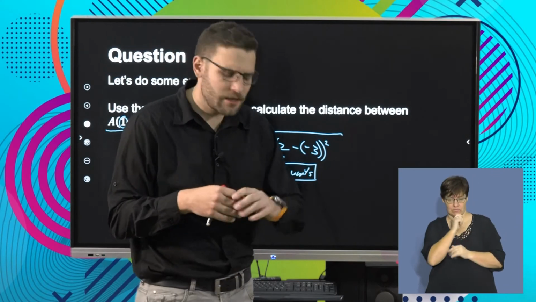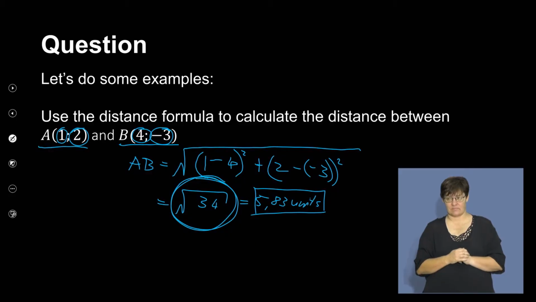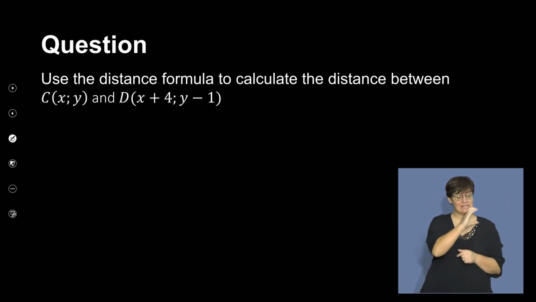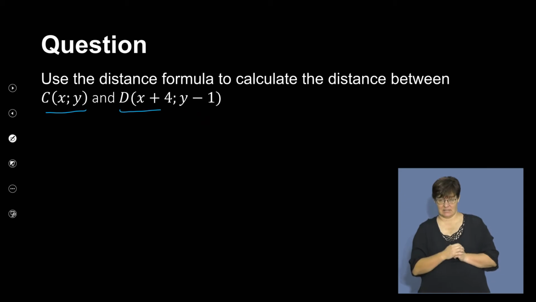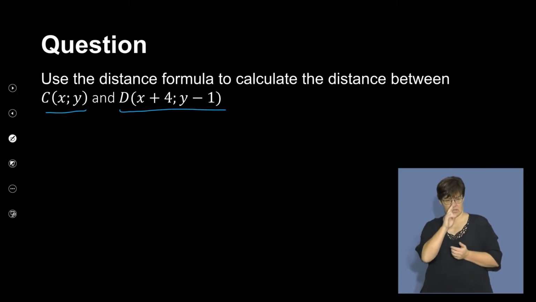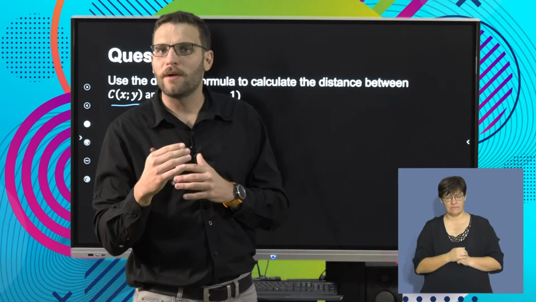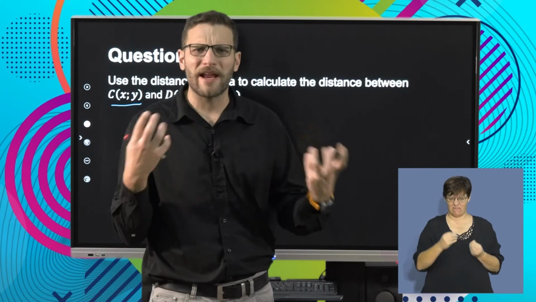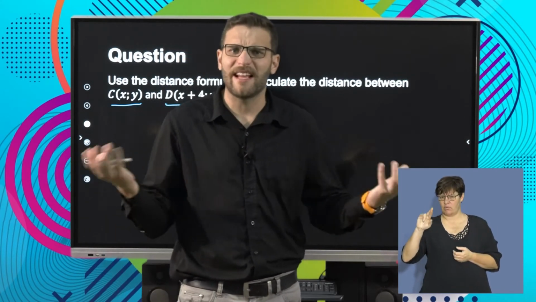Okay, so here it says, use the distance formula to calculate the distance between this point C and this point D. Now, does everybody see this question is a little bit more complicated because we don't actually have values. We have algebraic kind of letters, values.